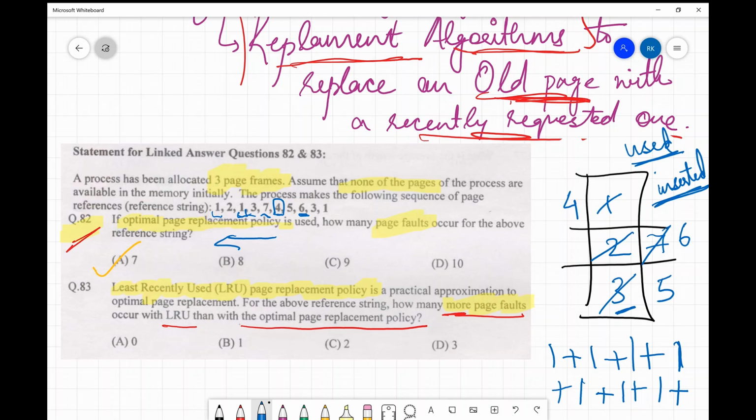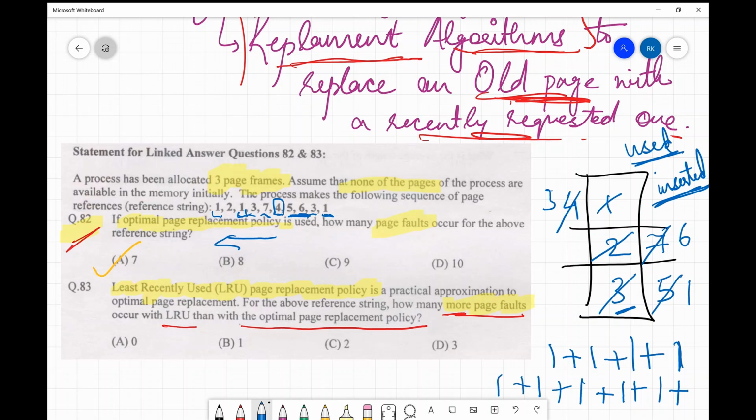Similarly, 3: 6 and 5 being just used, so we are going to replace 4 with 3, and add the page fault count. Then the last one, 1. 6 and 3 just used, so we are going to replace 5 with 1, and add the page fault count.